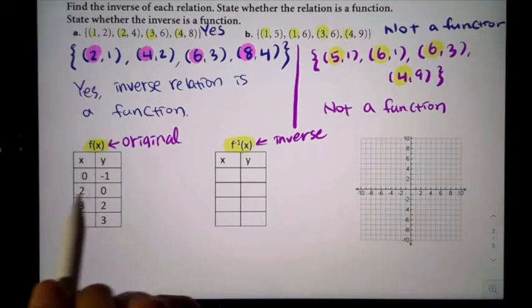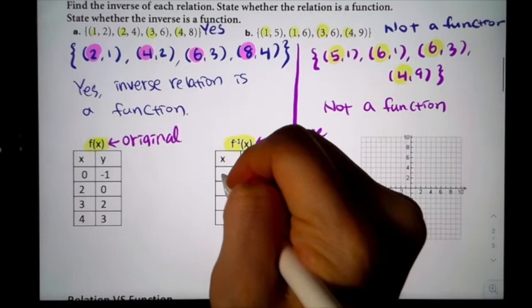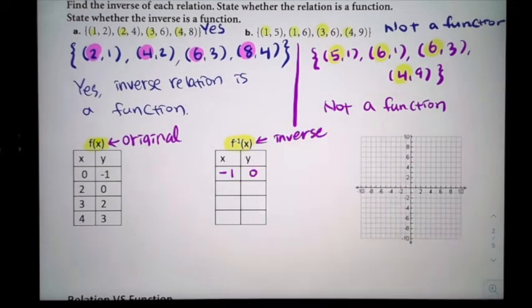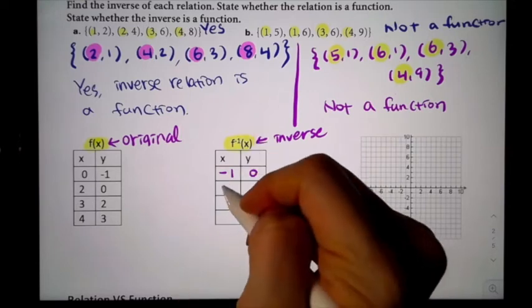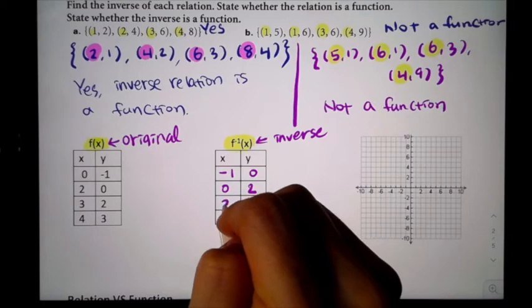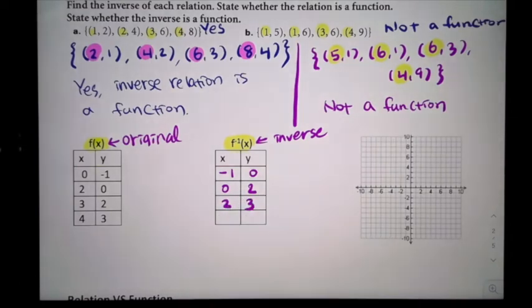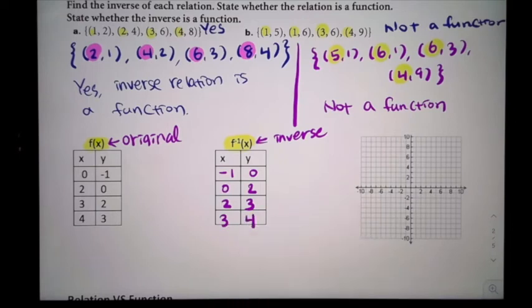Your x value is 0, y is -1. You just change your x and y value, then you get -1, 0. Your second value 2, 0, so you make it 0, 2. And 3, 2, so you make it 2, 3. And 4, 3, so you get 3, 4.